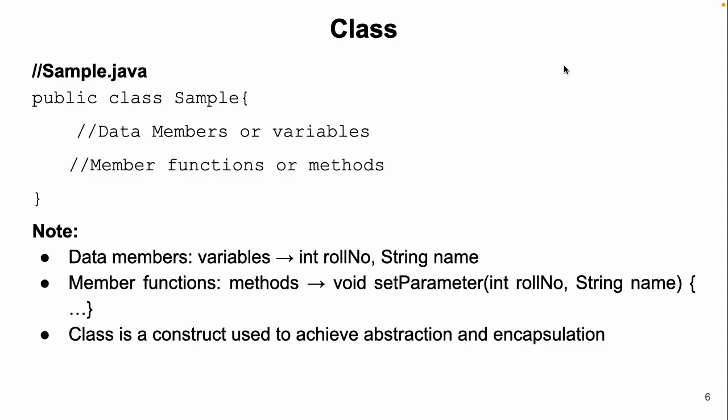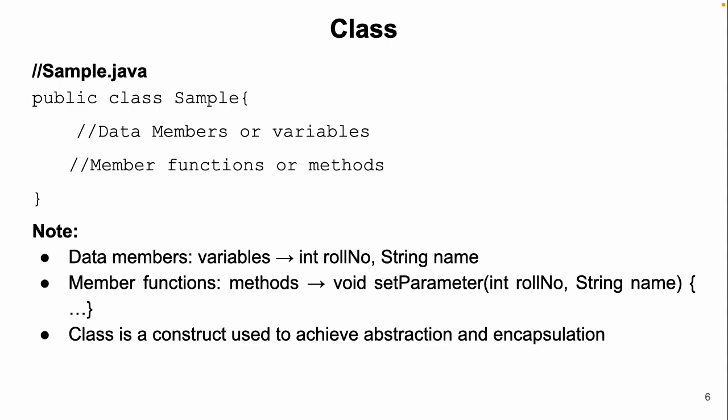So one example for data members is our data type or variable declaration. So data type, variable name. Here, int rollNumber, String name, and member functions or methods. I have one example here as void setParameter with parameters rollNumber and name.